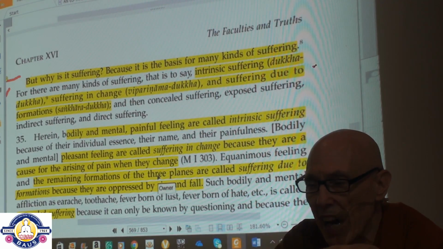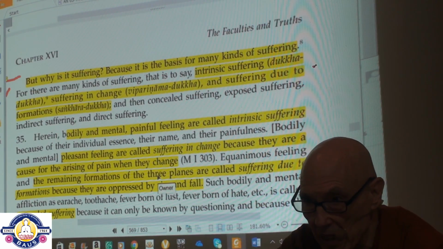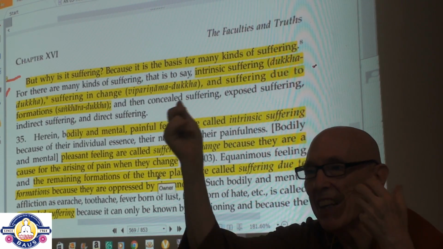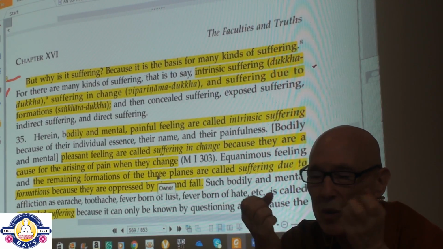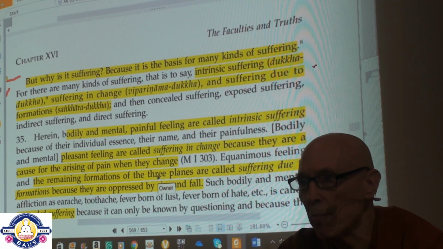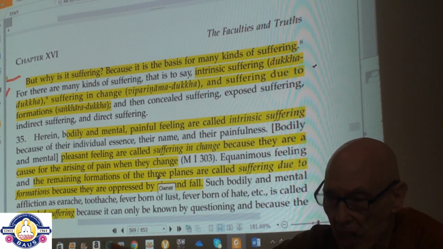And each of these aggregates is just a process of arising and passing away at incredible speed. Just as soon as you see it, it's gone. And so this is what we're holding to, the basis of our identity. But it's always changing moment by moment, breaking up and falling away.